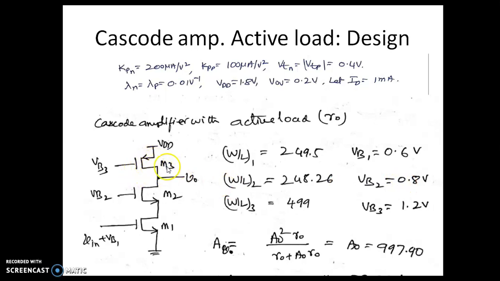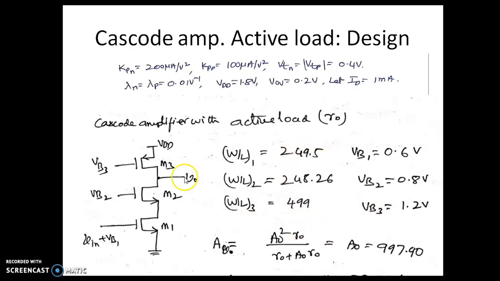But the dimension of M3, which is acting like the load, since its Kp is half of that, has to allow a current of 1 milliampere. The dimension of M3 happens to be exactly twice of M1. That's why you can see it is written as 499, which is exactly twice of 249.5.